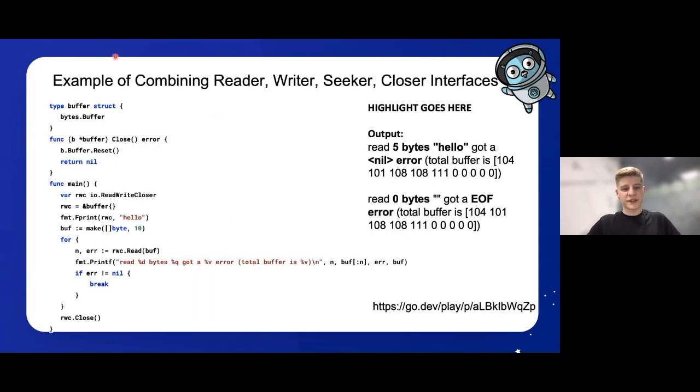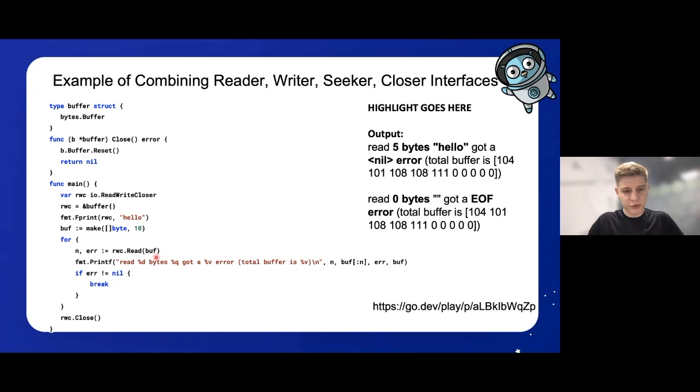All right, this is an example of combining Reader, Writer, Seeker, and Closer interfaces. What we can see here, we create a structure for a buffer. Buffer implements a Close method, able to reset it. And we have a ReadWriteCloser variable, which is the buffer. We can write something inside of this buffer, then allocate some bytes of memory, start a for loop, and go through this.